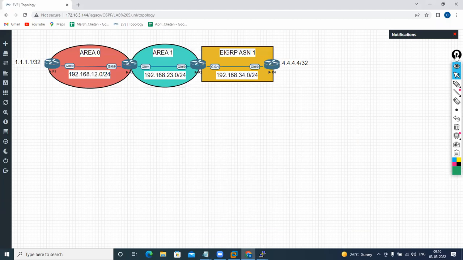Yeah. So now before checking the output, the router ID. What is the router ID here?